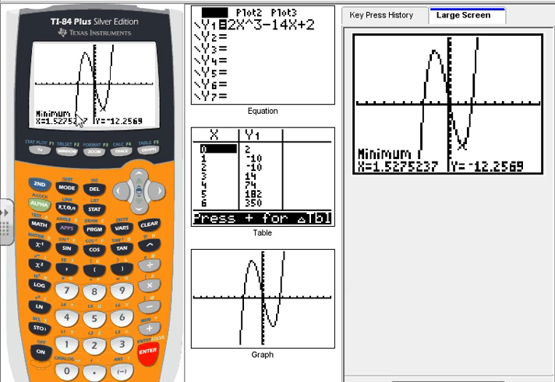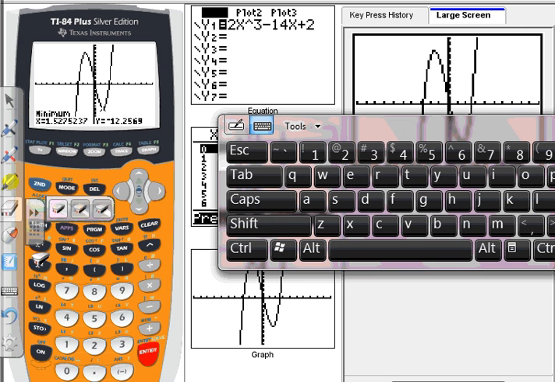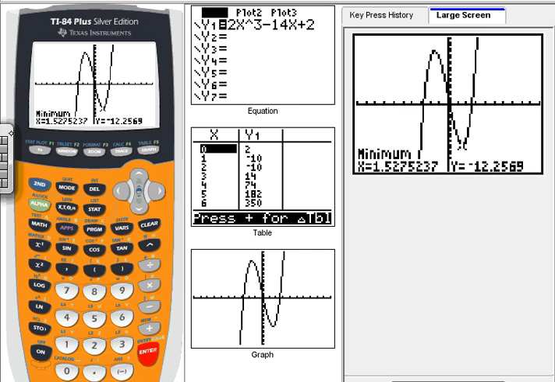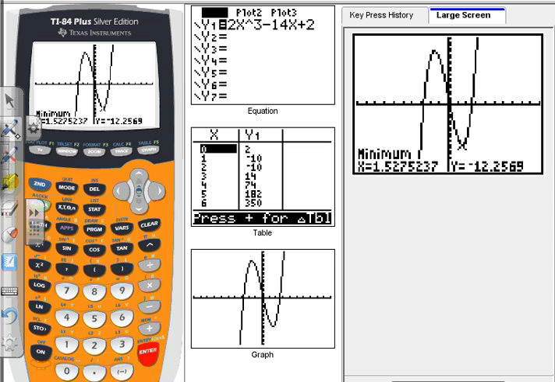So our intervals are going to go from, we've got an increasing interval that will go from negative infinity all the way to that x value, which was negative 1.528.